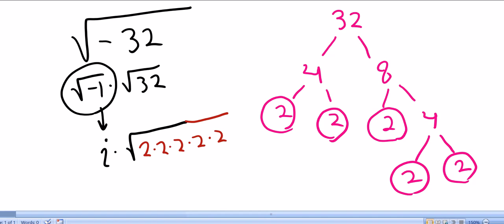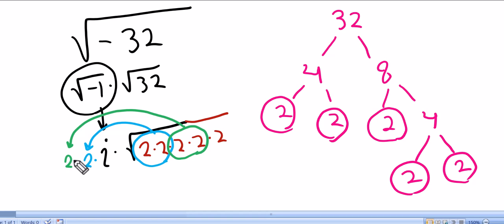Now, we're looking for pairs, okay? So here's one pair of 2's, and I'm going to pull that out and count it only once. Here's another pair of 2's, and those come out here, and I'm only going to count them once. This one is so lonely, so very lonely, and it stays in there.